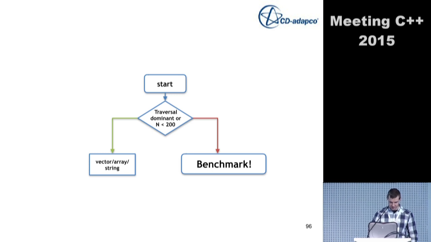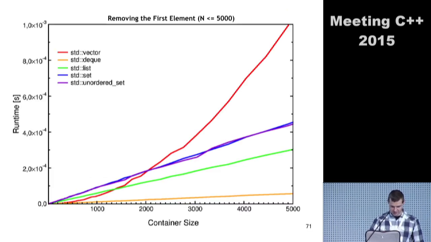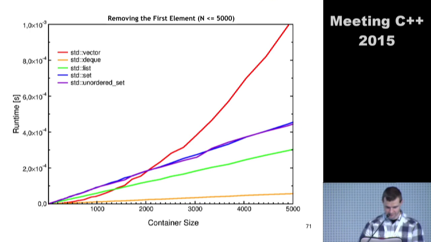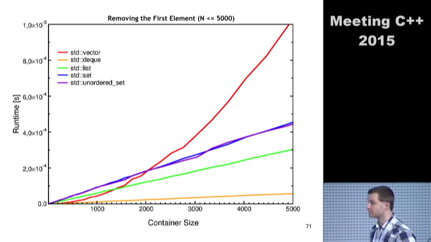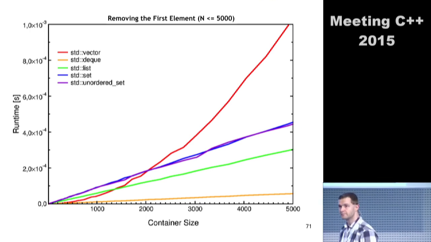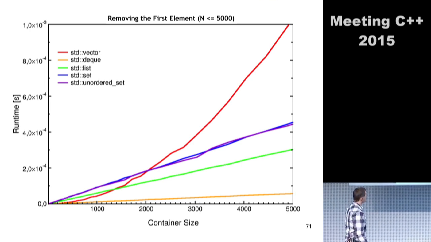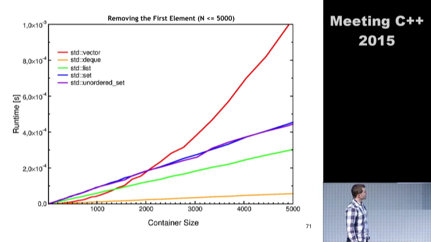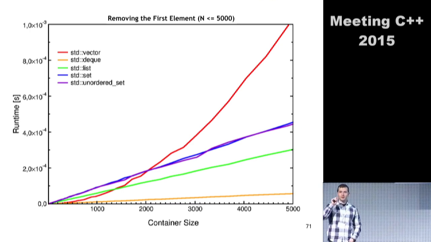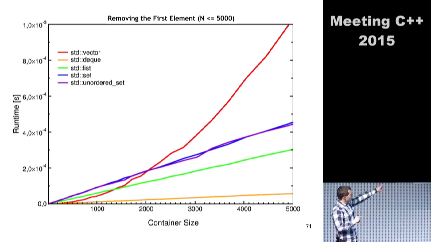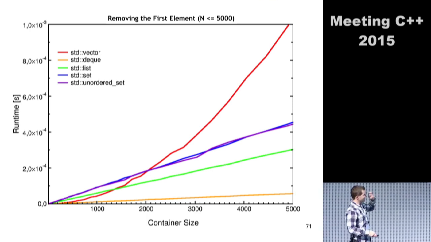So remove the first element, right? You're interested in the final performance. This one. Why does removing first elements from the list depend on the number of elements? Okay, I do not just remove one element, I remove n elements.